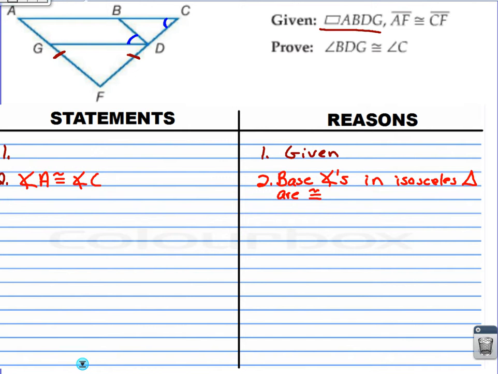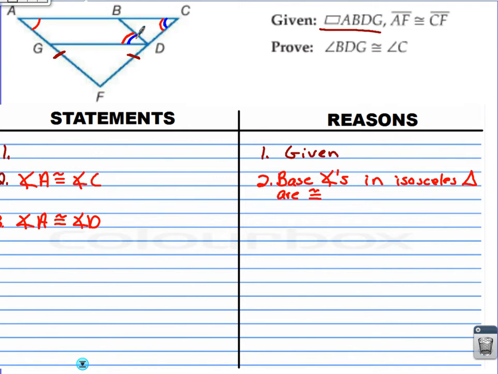So now your next statement. If A, okay, we just said that A and C are congruent. Now look inside that parallelogram. What else is angle A equal to? Angle D. Perfect. Angle A and angle D are congruent. Because you've got a parallelogram there.